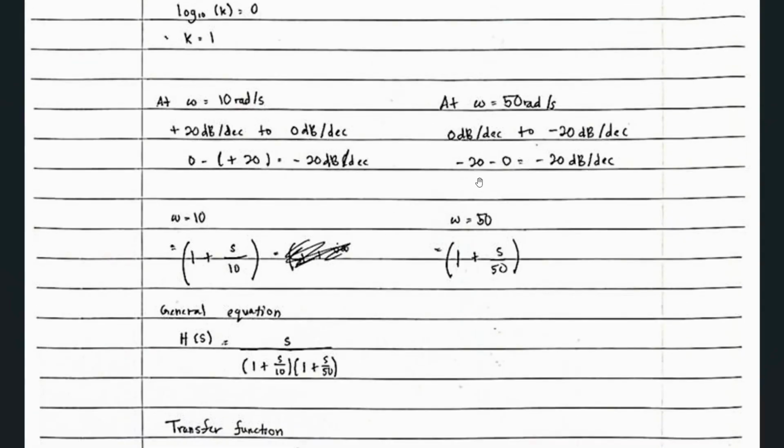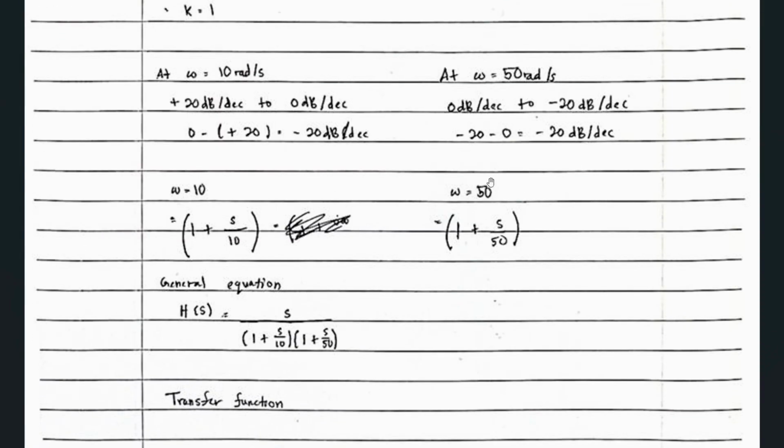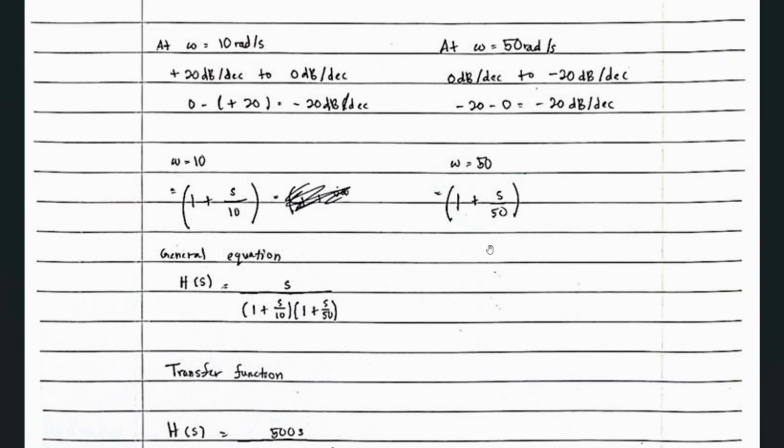So the change in slope is negative 20 decibel per decade, and this is at omega equals 50. The equation is 1 plus S over 50.